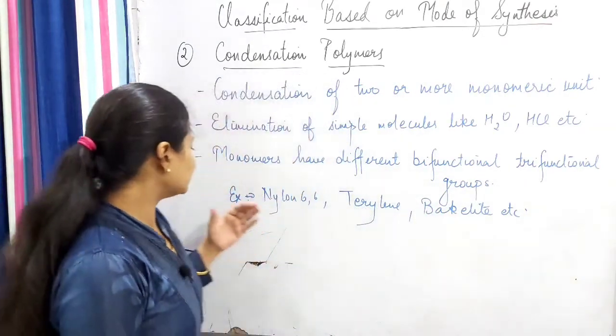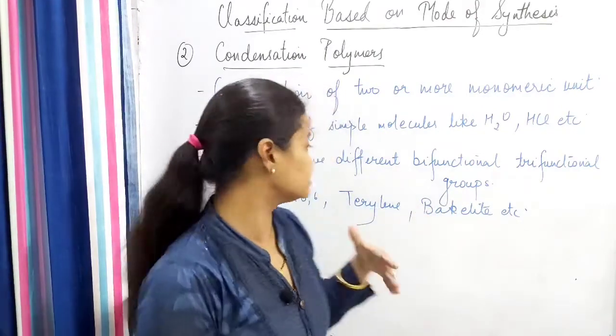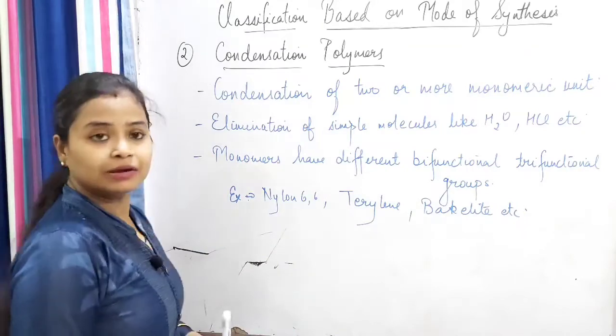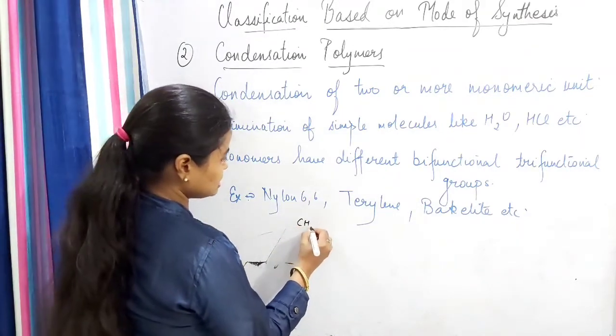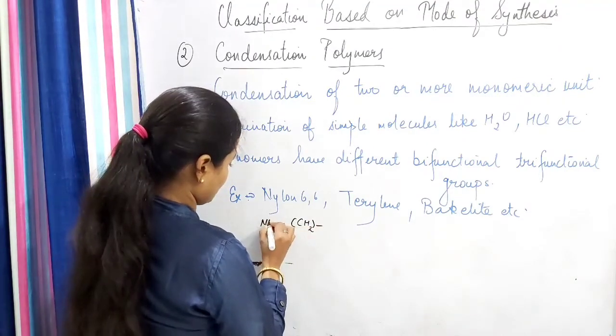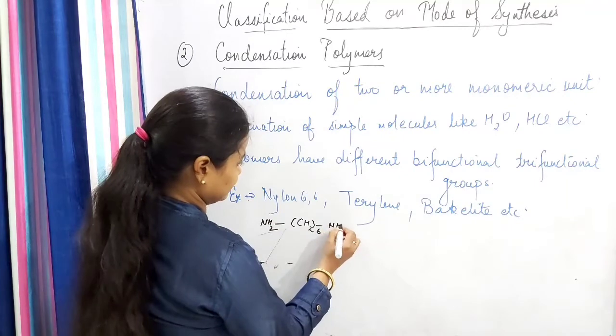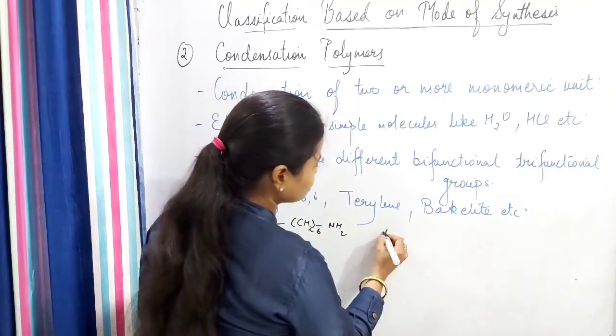The examples are nylon 6,6, terylene, bakelite, etc. We have seen nylon 6,6. Remember hexamethylene diamine, with CH2 units. It has two NH2 groups, so it was bifunctional.